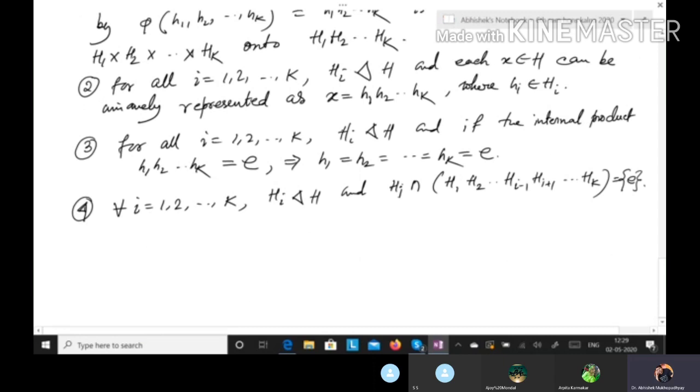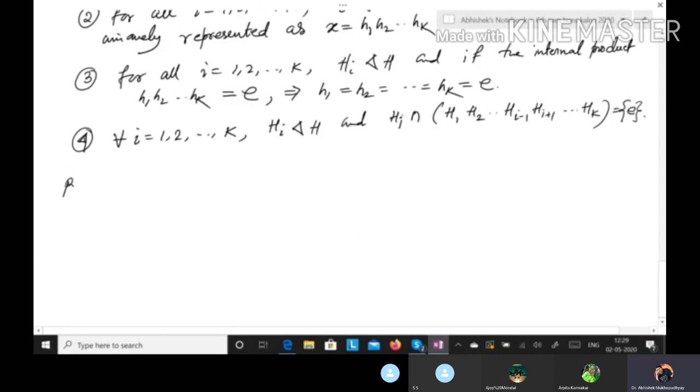So let us first check that 1 will imply 2. That is, suppose 1 is true.